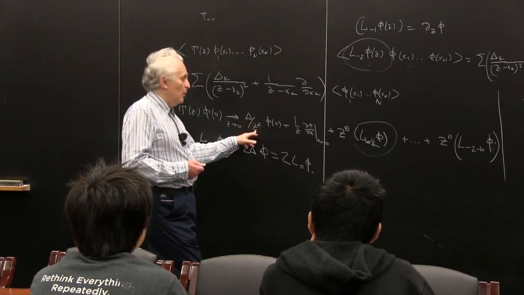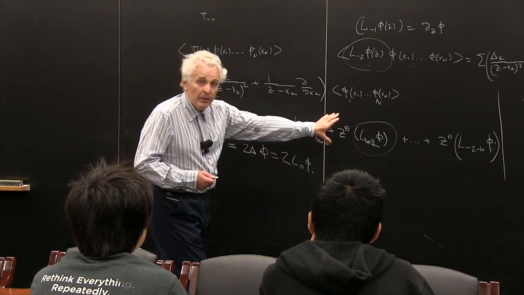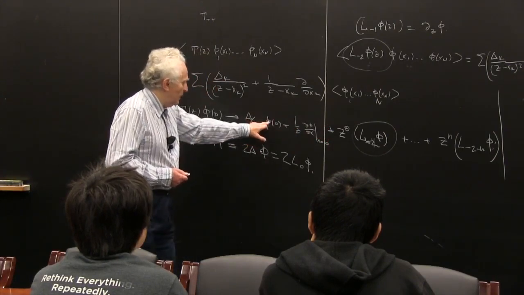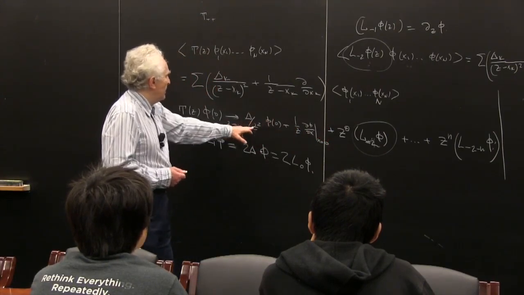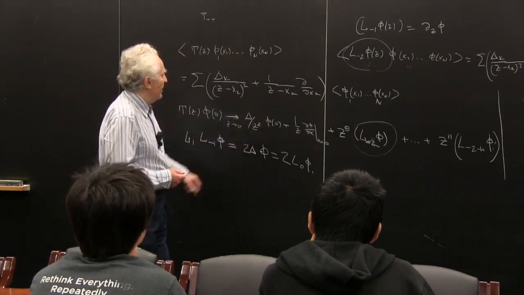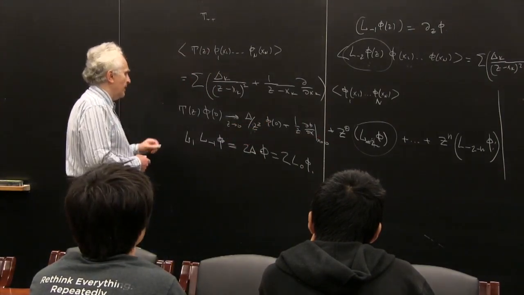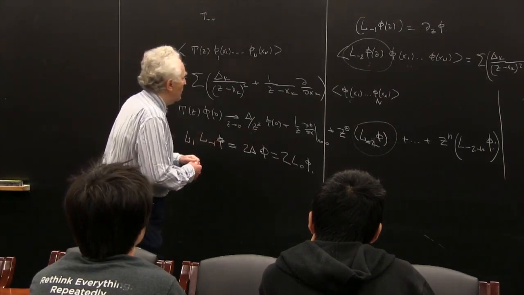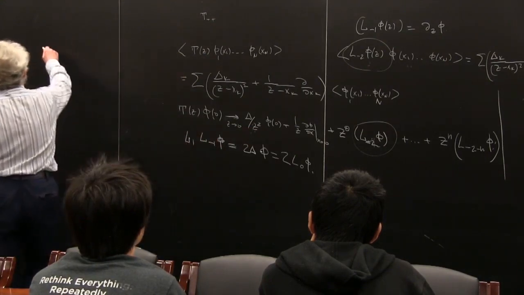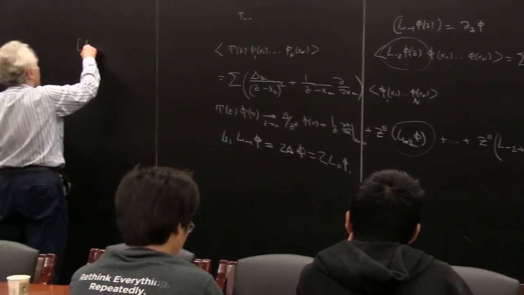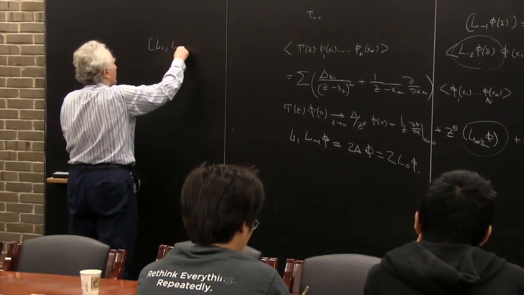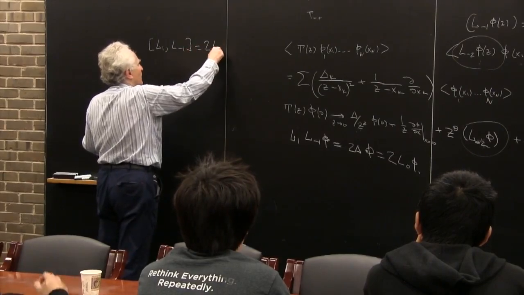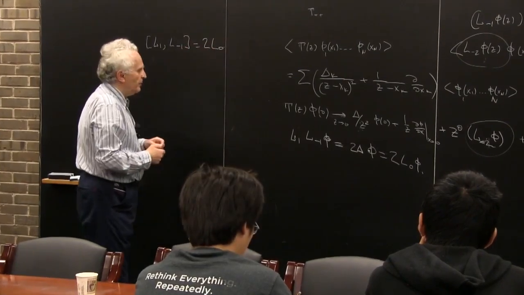Then the only thing in the whole expansion which will give you 1 over z to the cube will be clearly the differentiation of this term. As a result, we have this, and since it's a primary, you can conclude that the commutator of these operations is given by this formula.